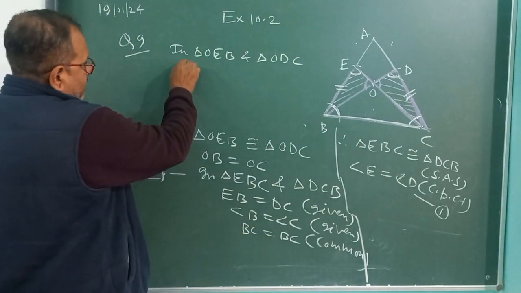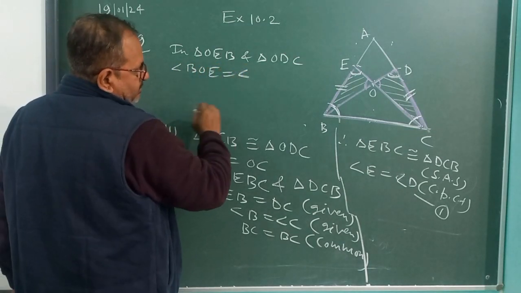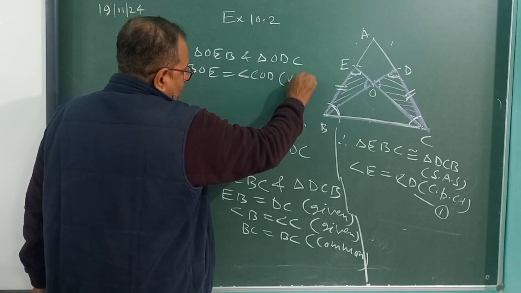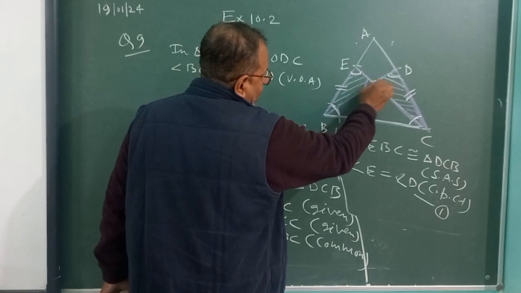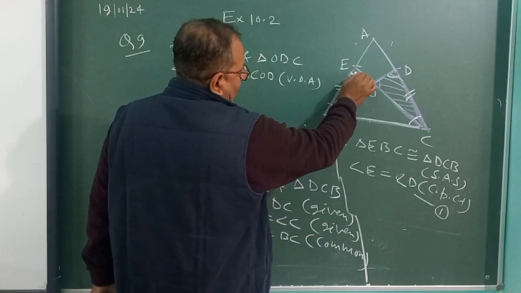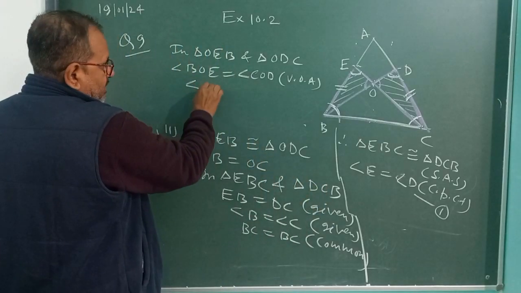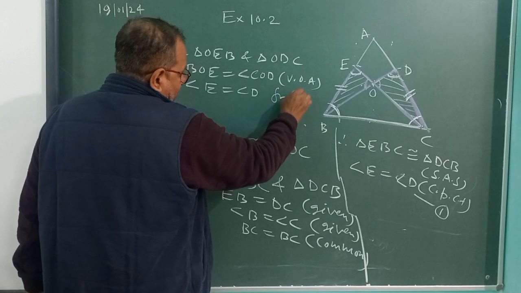So we can write angle BOE is equal to angle COD, reason vertically opposite angles. Angle E is equal to angle D from first.